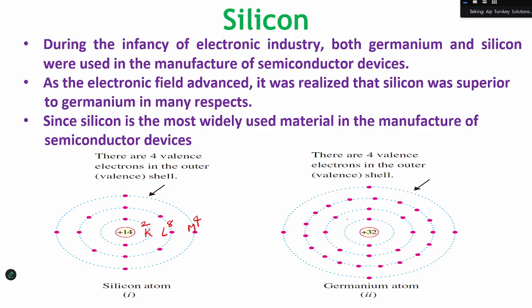For germanium, the atomic number is 32: the K shell has 2 electrons, the L shell has 8, the M shell has 18, and the N shell has 4 electrons. This is about silicon and germanium.